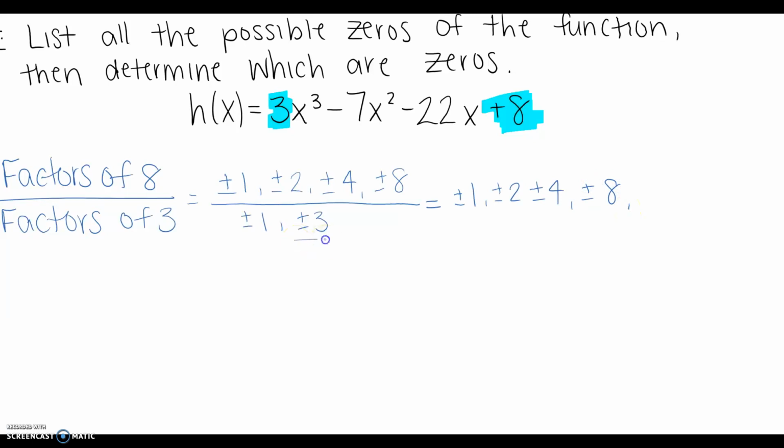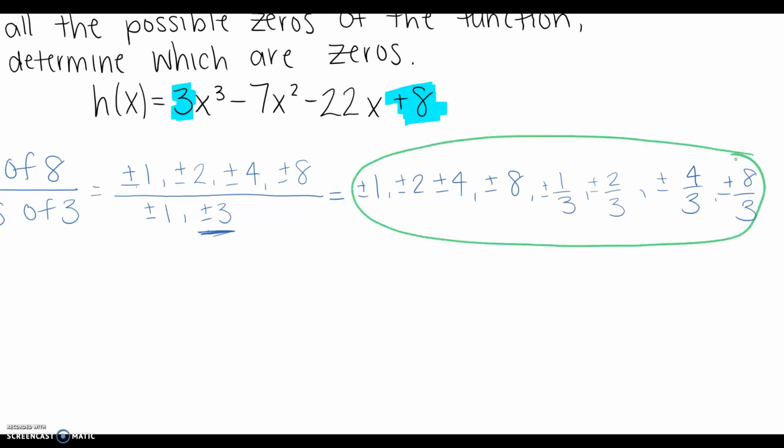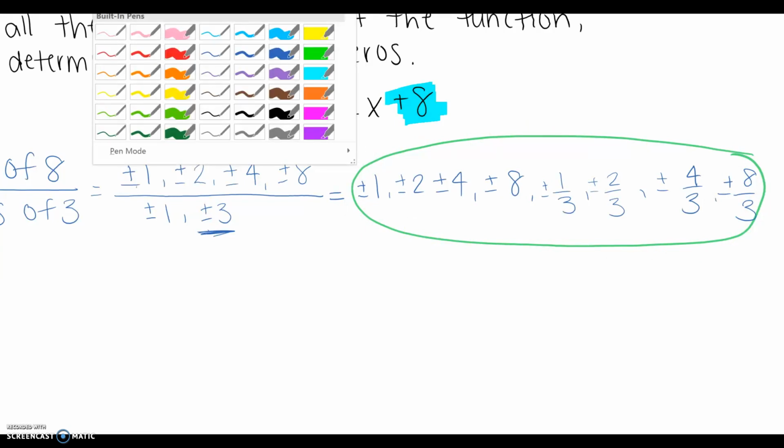So now that we have a second factor, we have to do that again. So we're going to have 1 over 3, 2 over 3, 4 over 3, and 8 over 3. So all of these numbers are potential zeros, which is a lot.